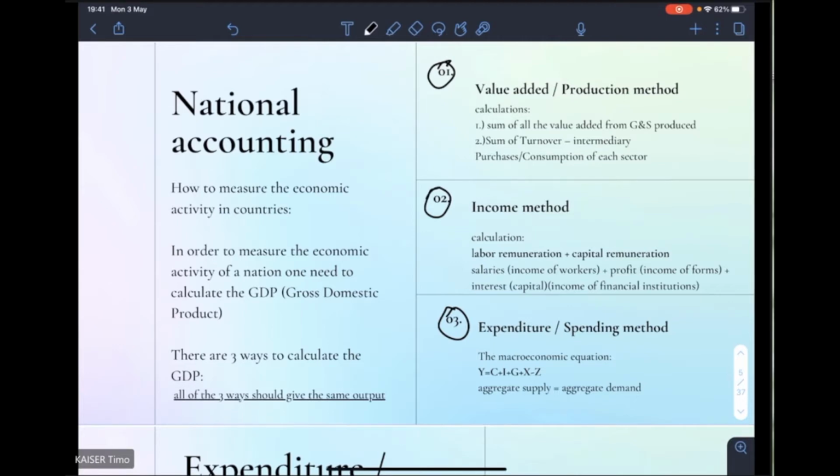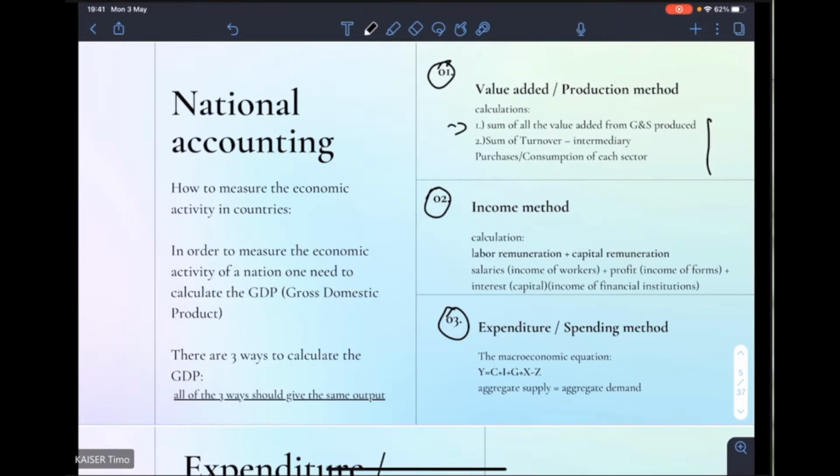For the value added method, I wrote down here what you have to do in order to find GDP. You have two options. The first option is to sum up all the value added from the goods and services produced in the economy. That would be the whole value added, therefore GDP.